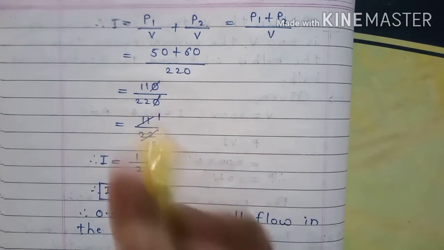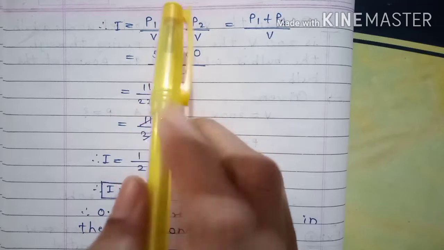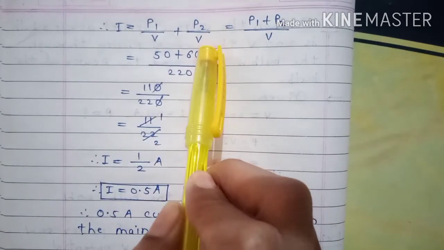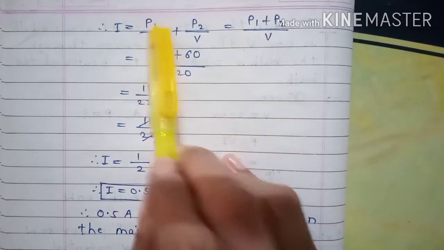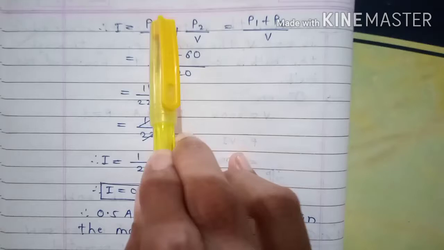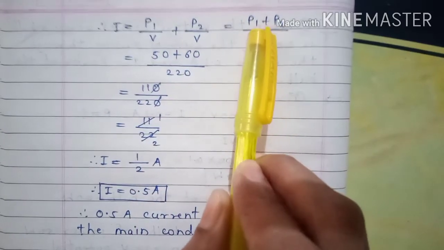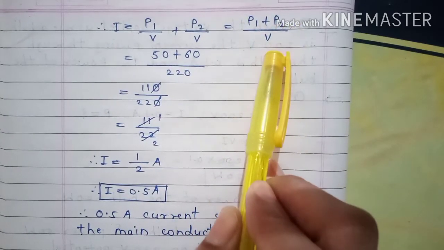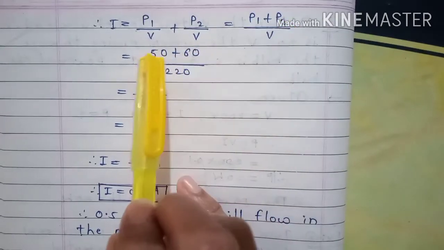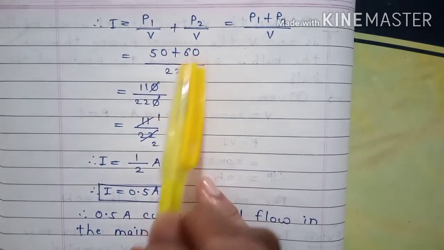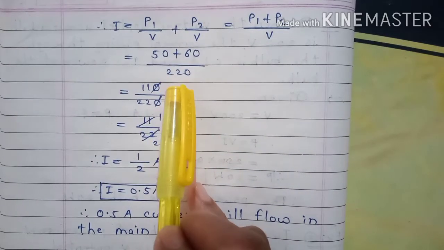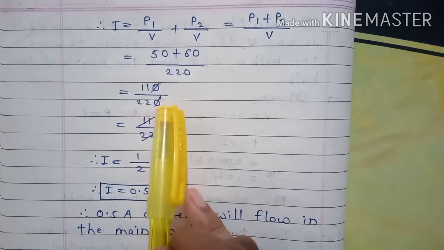Therefore this total current I is equal to I1 means P1 upon V plus I2 means P2 upon V, that is equal to, so here these denominators are same, so we will add their numerators, that is P1 plus P2 upon V. So here P1 plus P2 we will put their values 50 plus 60 upon 220. So their addition is coming 110 upon 220.